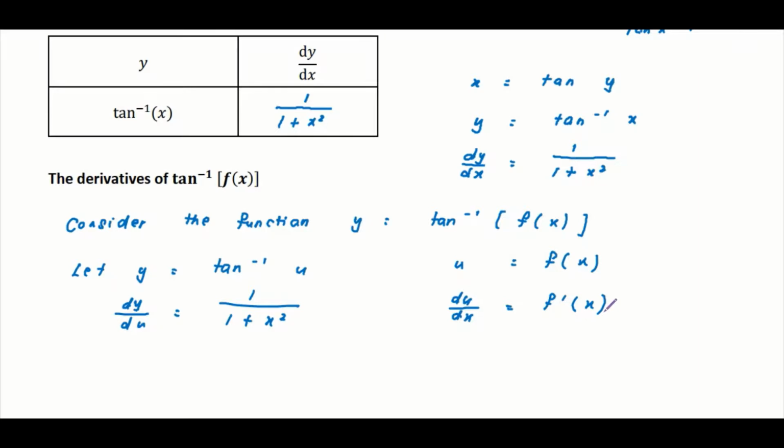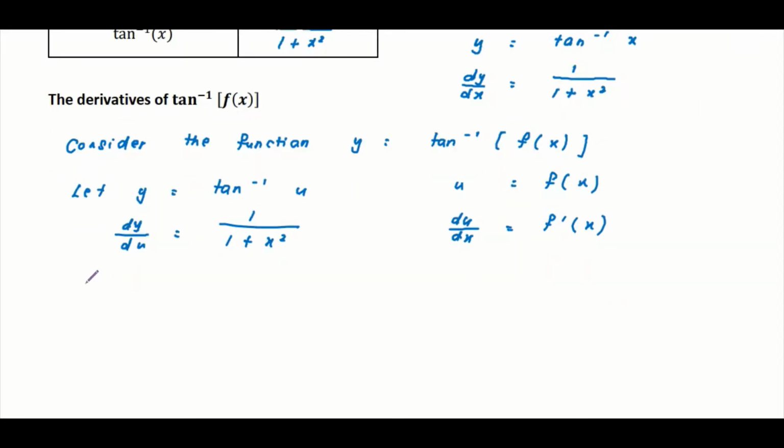Now let's use the chain rule to combine them together. dy/dx equals dy/du multiplied with du/dx. dy/du equals 1 over 1 plus, I'm sorry, this is u squared, because it is tan inverse u.